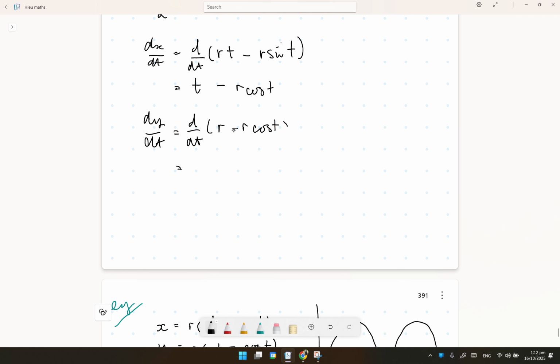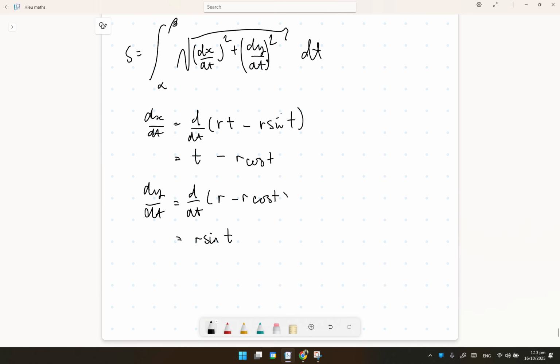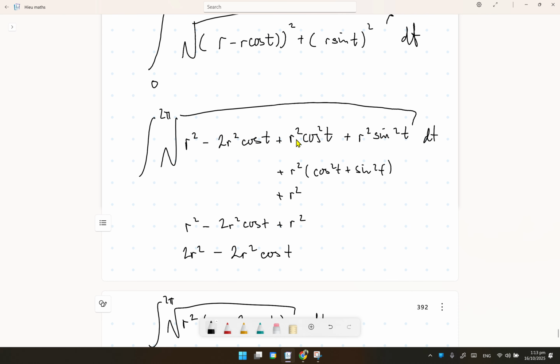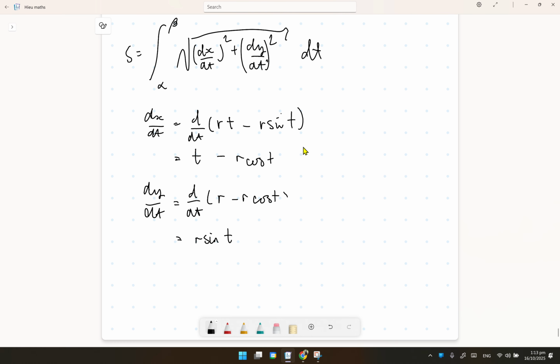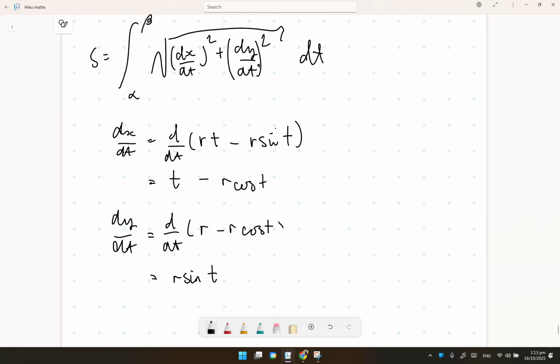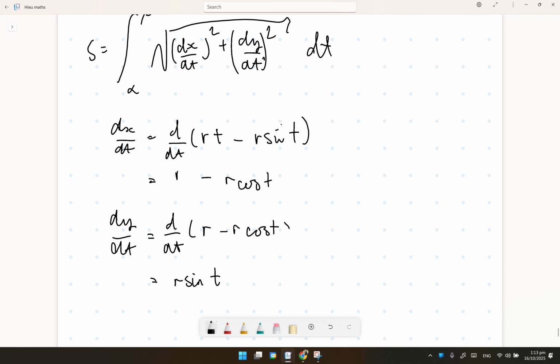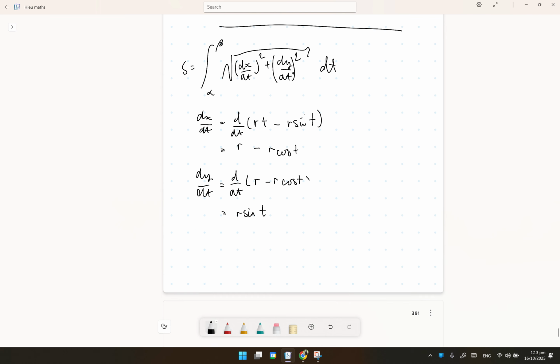The differentiation of that: r differentiates into nothing, cos differentiates into minus sin, so it's just r sin t, because the minus sign cancels out with the minus here. Let's just check our equations really quick: r minus r cos t and r sin t. Correct. Okay, rt differentiates into r.